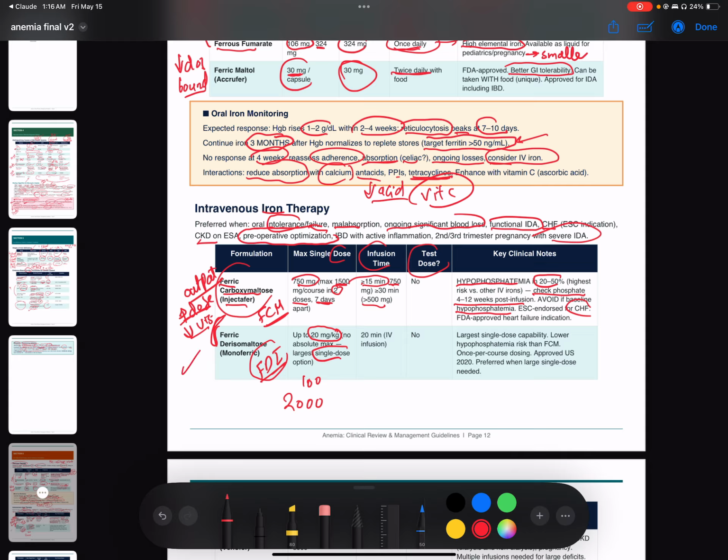So again, it's appropriate for the outpatient, and it's just a 20-minute infusion. And again, you don't need a test dose, because test dose is only for the high molecular weight dextran. The good thing about it is it has a large single dose and low hypophosphatemia risk.